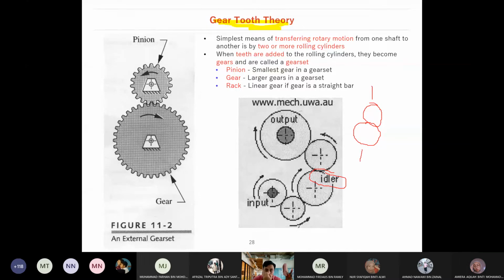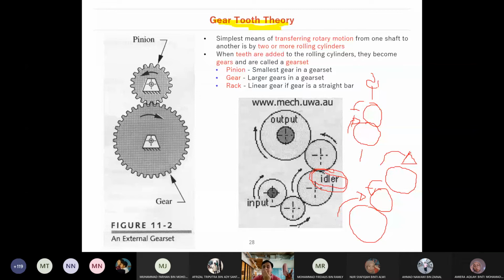This is the driven. Obviously it has the opposite direction at the end of the day. Tapi bila masukkan idler ni, dia akan boleh maintain the orientation on the final gear. So kalau awak insert sini, it will rotate the other way around and it will follow basically back on the driving. So itu guna idler.